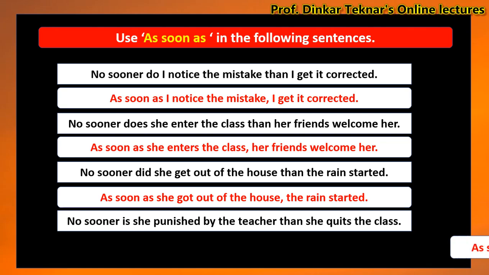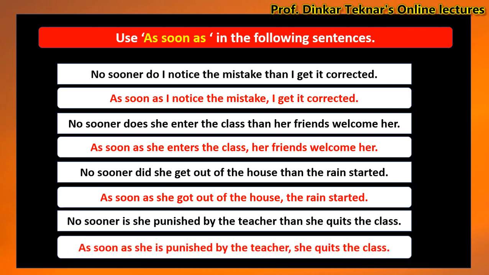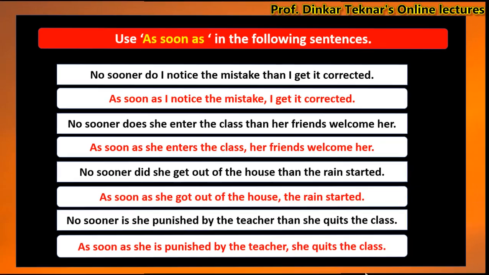So the answer will be, as soon as she is punished by the teacher, she quits the class. The only change we have done is that is is taken after the subject. So as soon as plus subject plus auxiliary verb plus main verb, remaining part of the sentence, comma and the second clause, that is the main clause.